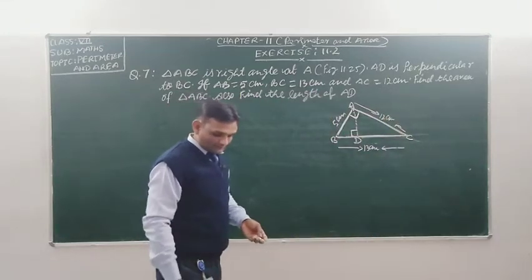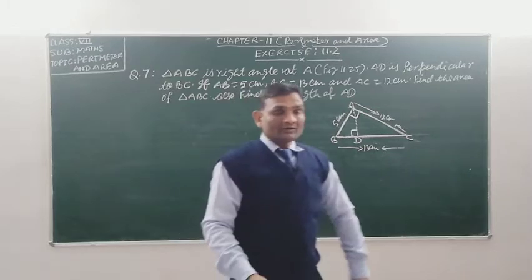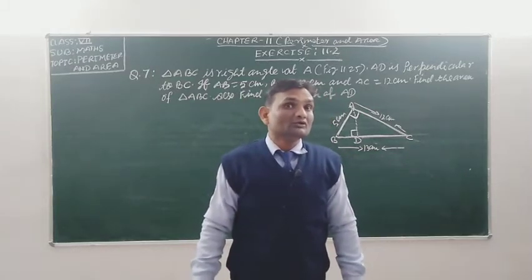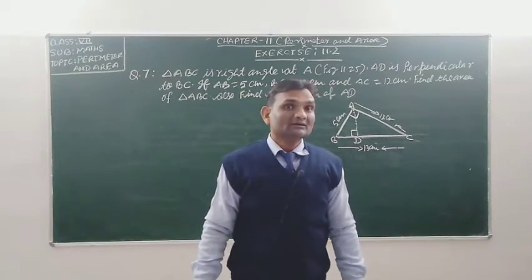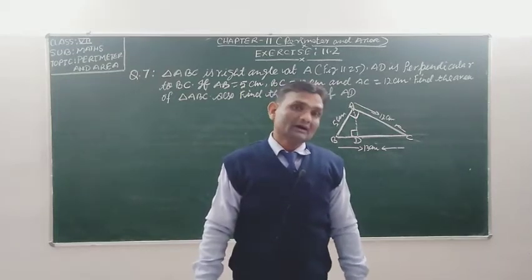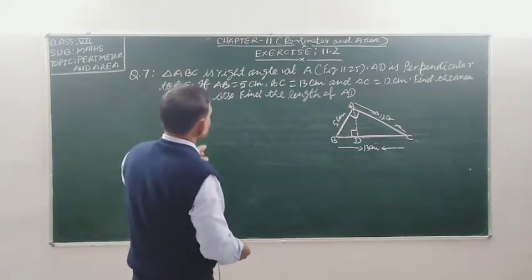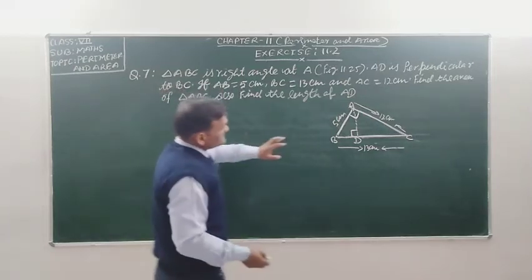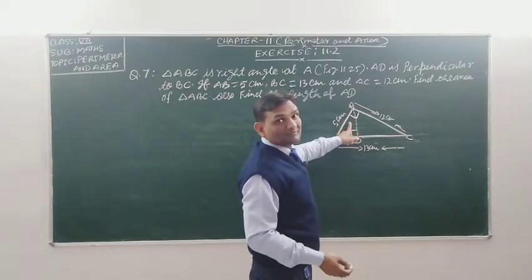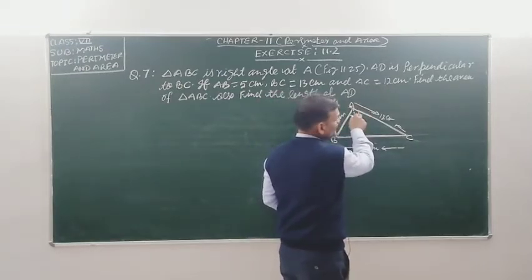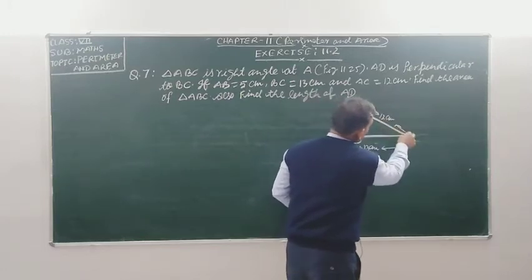So student, for finding the area of the triangle, we use the formula 1 upon 2 into base into height. Because this is a right angle triangle and a 90 degree angle is created at this point, AC is the height.